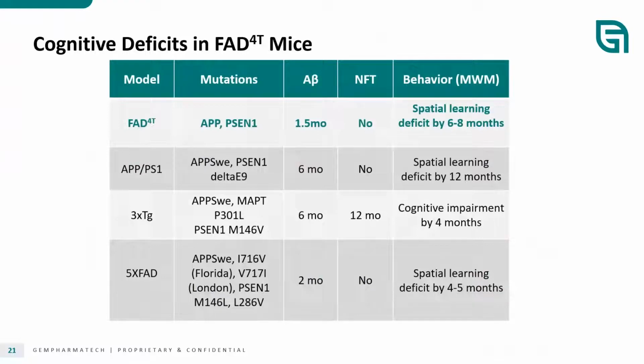This table compares the disease physiology of the FAD4T mice with the APP/PS1 animals, the 3xTg transgenics, and the 5XFAD models, looking at the deposition of amyloid beta plaque, the neurofibrillary tangles, behavior, and the mutations that are present that drive disease in the models.